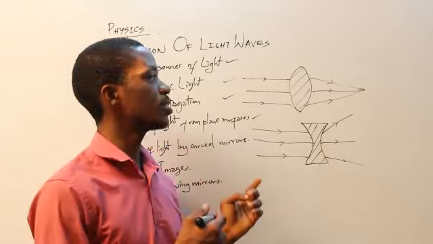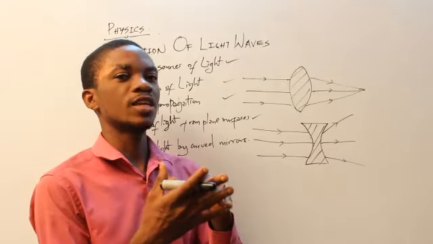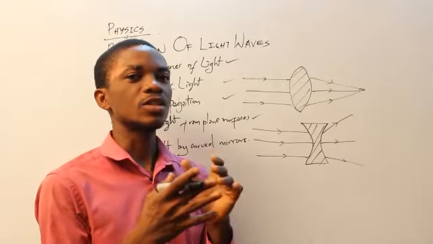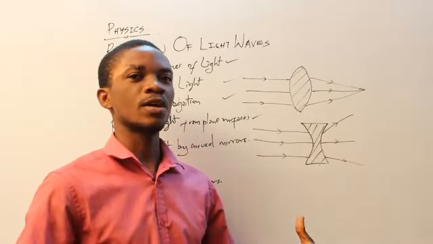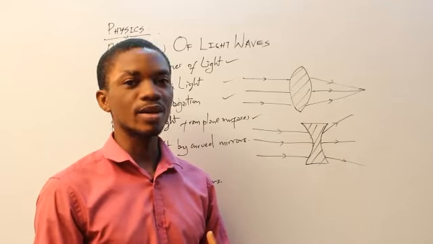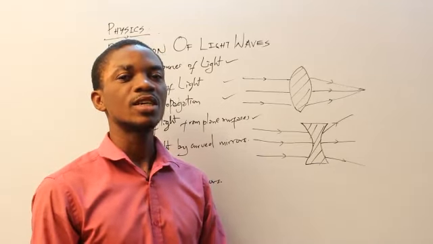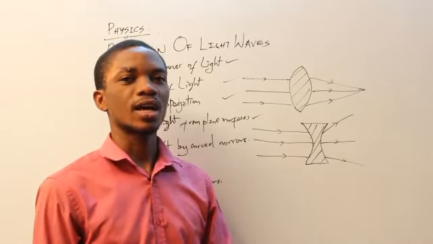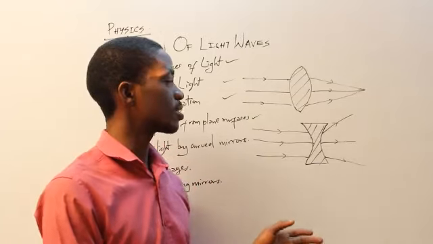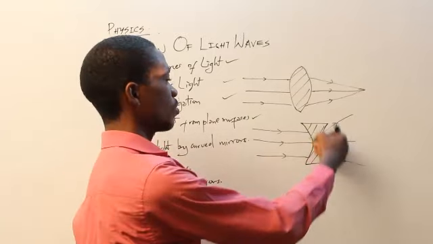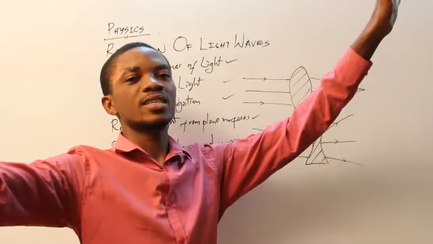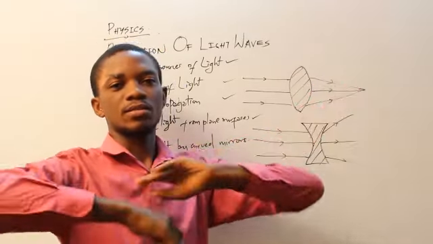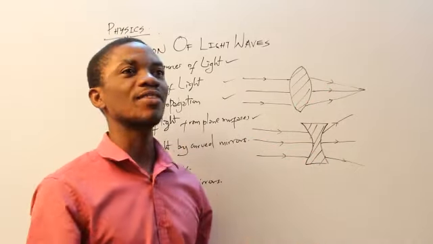Because the convex lens is a converging lens, it brings the light together, while the concave lens, because of the nature of this thing, it shares the light abroad, where the curves do not have an agreement.